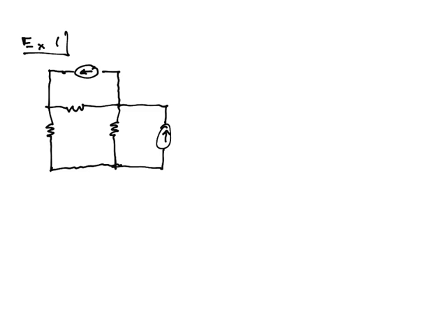All right, and we have, let's say 5 amps, 10 amps, and this could be 2, 4, and 6 ohms. And let's say I want to know what is the voltage at A and what is the voltage at B. Find VA and VB.